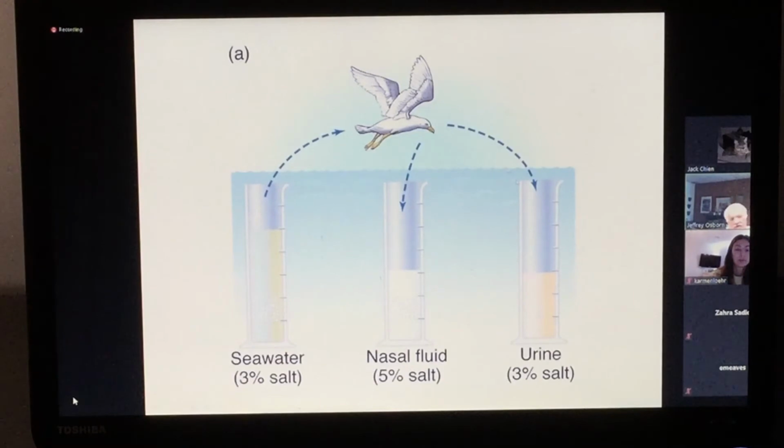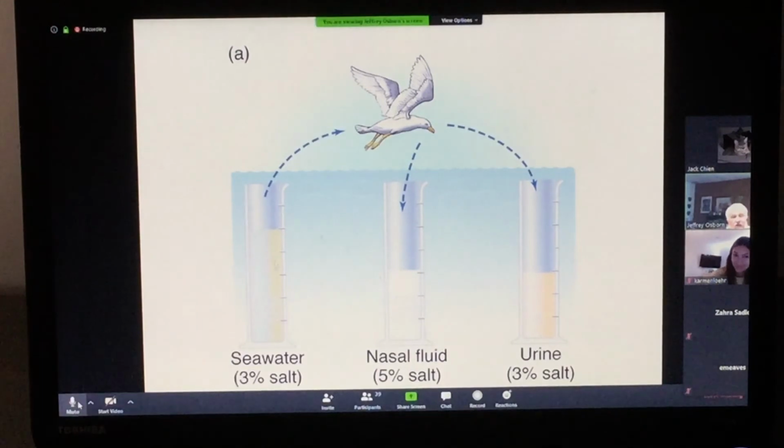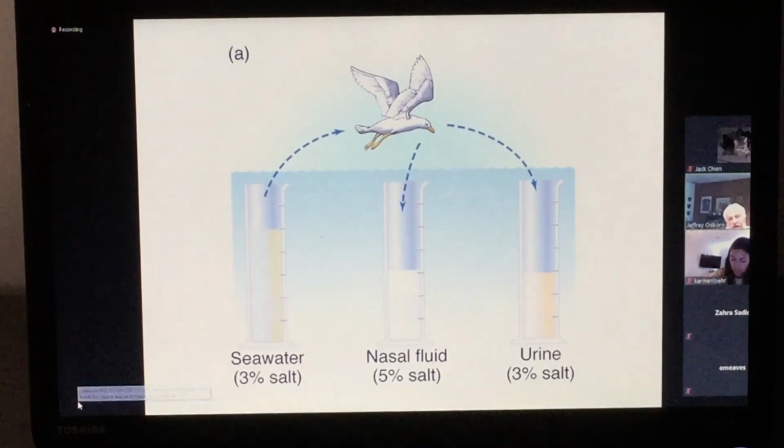Now, different organisms have evolved in different ways to deal with this issue. I'm just going to show you one example of seagulls. They're actually gulls that live by the sea. And they actually drink seawater. Their kidneys have evolved so that they can put out about 3% salt.